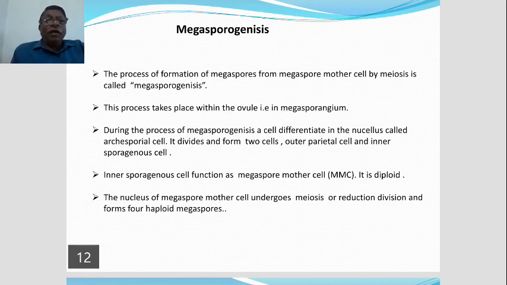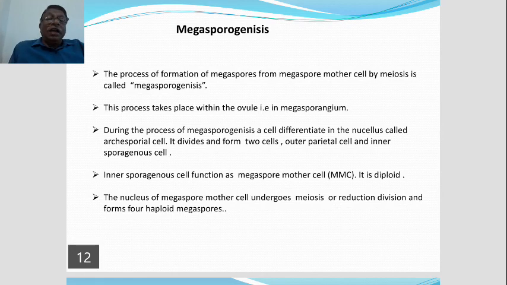In brief, in the nucellus, archisporial cell is differentiated. So this archisporial cell divides periclinally and forms 2 cells. The outer cell is called parietal cell.